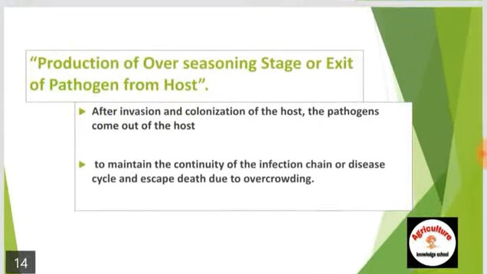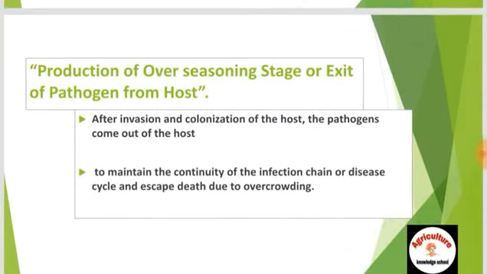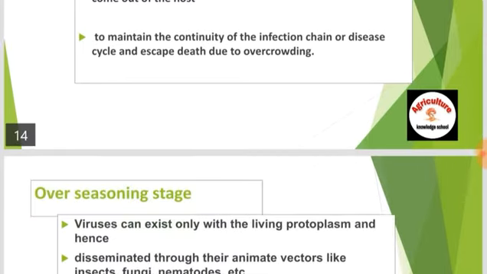So, production of the over-seasoning stage, or exit of the pathogen from the host. After invasion and colonization of the host, the pathogens come out of the host to maintain the continuity of the infection chain or disease cycle and escape death due to overcrowding.